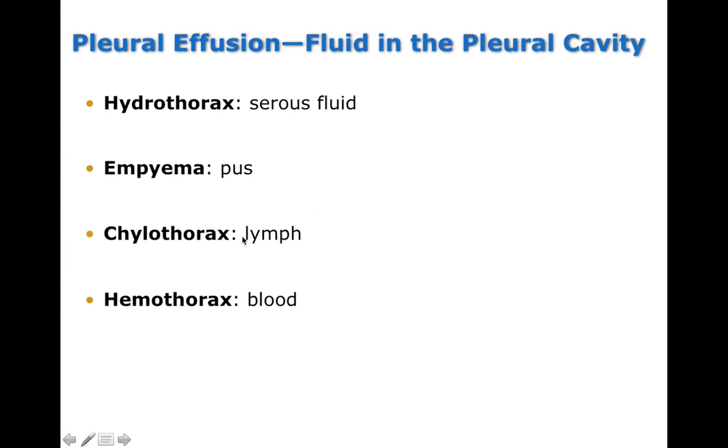It could be made of lymph, we call it chylothorax, or if it's blood, we call it hemothorax. Now if air has started to accumulate in this pleural space, we call it pneumothorax. But these are all examples of fluid that can accumulate in the serous space, and this could all limit the expansion ability of your lungs.